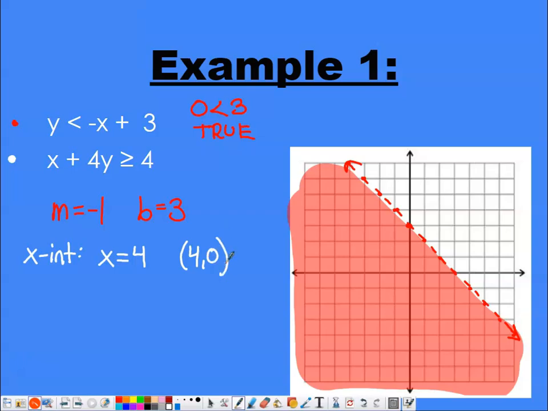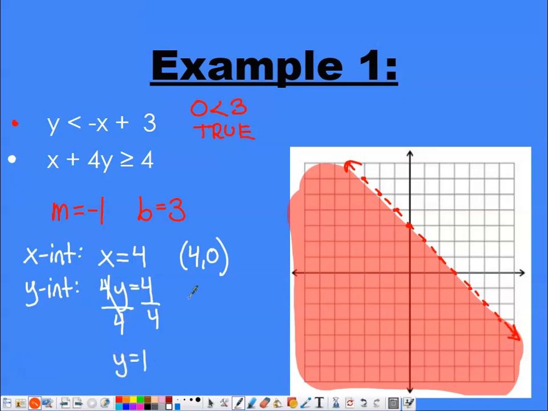Okay? I'm going to find out what's that y-intercept. So the y-intercept, again, when I plug in, the x goes away, and I'm left with 4y equals 4. So now I just go ahead and solve. So I'm left with y is equal to 1.